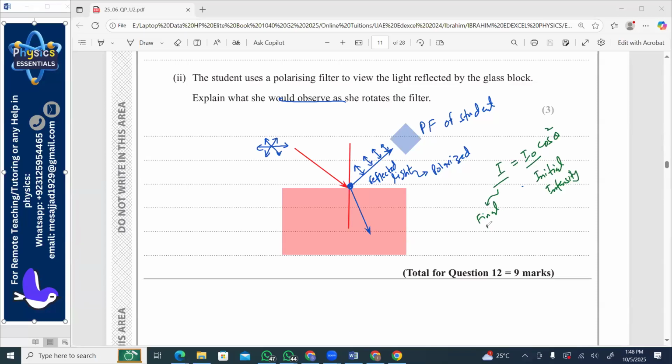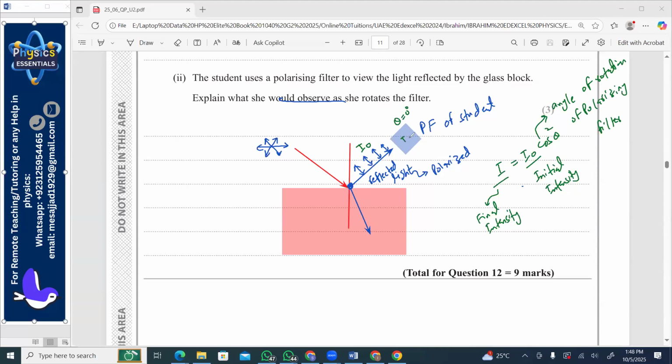Intensity, and this is the angle of rotation of the polarizing filter. So say that the light that is coming here now has the intensity I naught, but here your angle of rotation is 0 degrees at the moment.